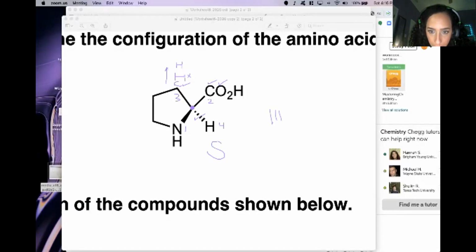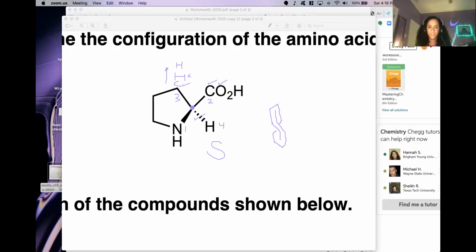Just to make sure I'm understanding what's going on, the priority goes by atomic number. Atomic number, yes. So the lowest atomic number or the highest atomic number? Highest. You're going to sort your priority in descending order.